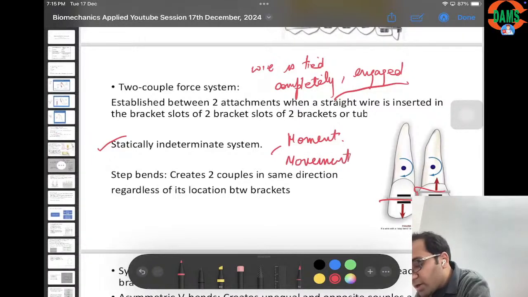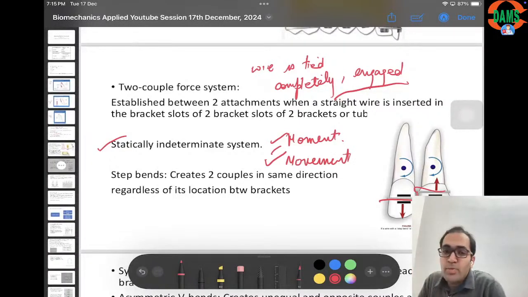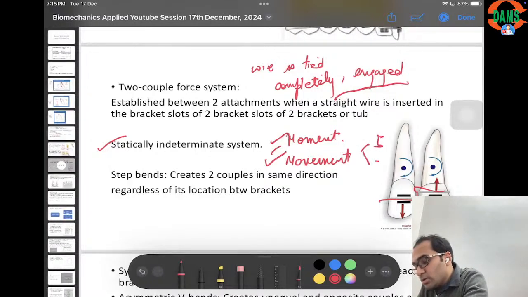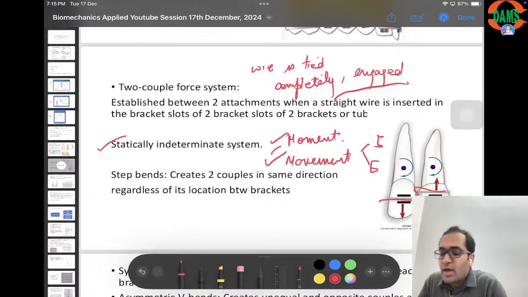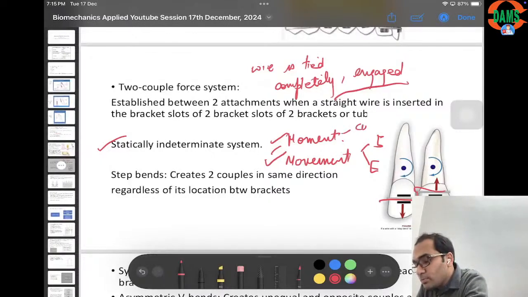These are two different terms which you need to know. What kind of movement will occur? Movement will be either extrusion or intrusion. And movement will be the result of the couple force being generated.